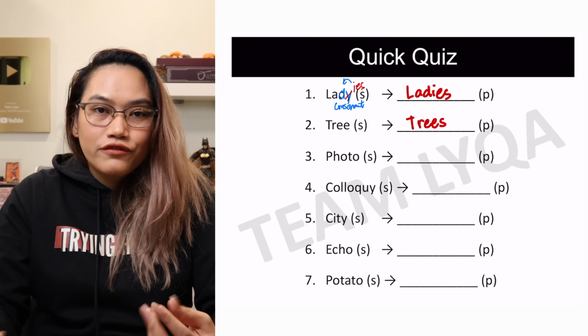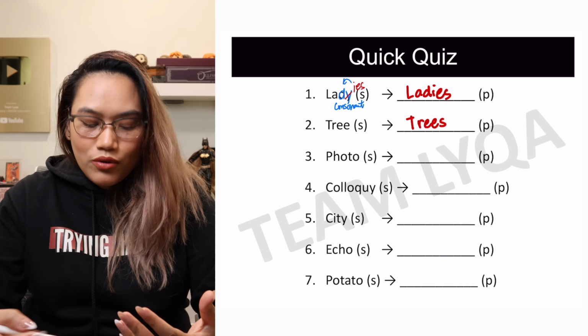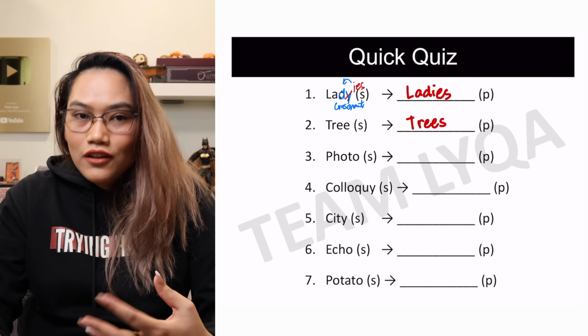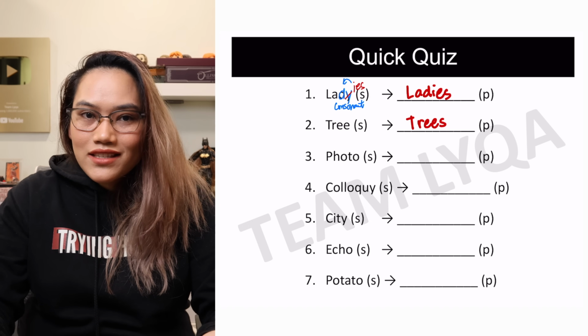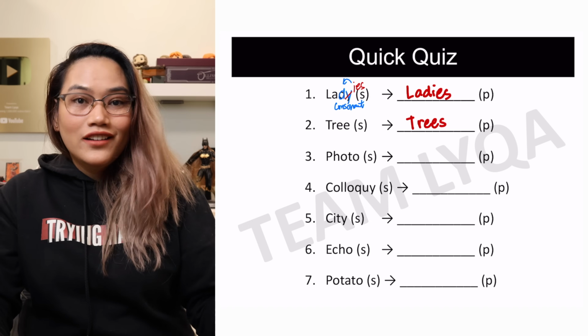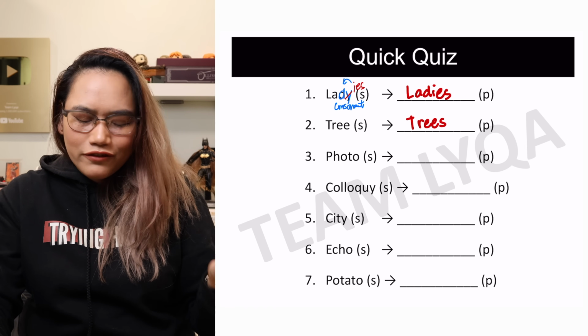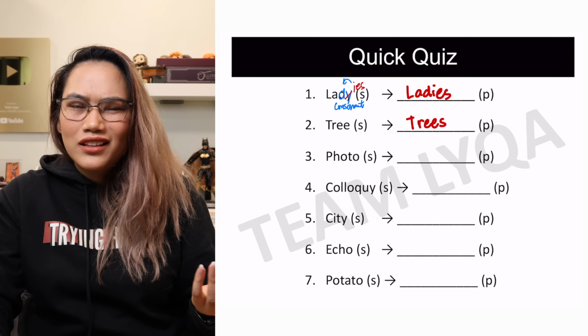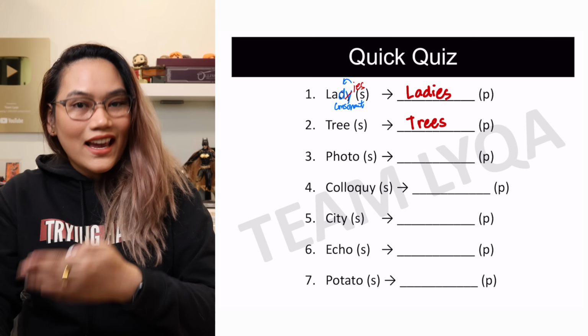Next, we have the word photo. This is a little bit tricky if you think about it because we talked about how if the O follows a consonant, ang idadagdag mo ay ES. But if you've read a lot of books, if you're exposed sa lahat ng media, very rare, if not never, mo makikita yung word na photos with an ES.